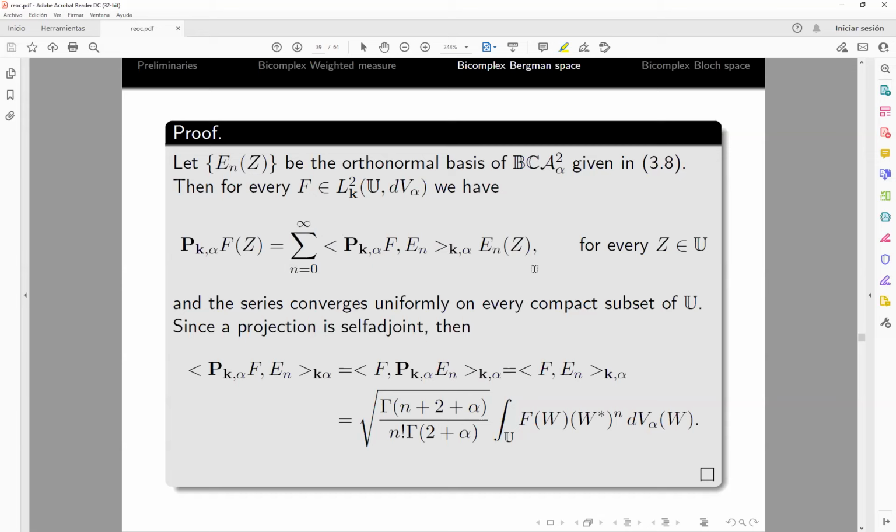Now, if we study each coefficient, because the projection is self-adjoint, we can interchange here in the inner product, and because the monomial S_n belongs to the Bergman space, the projection acts as the identity there. Then we calculate using our definition of inner product, and we get this.